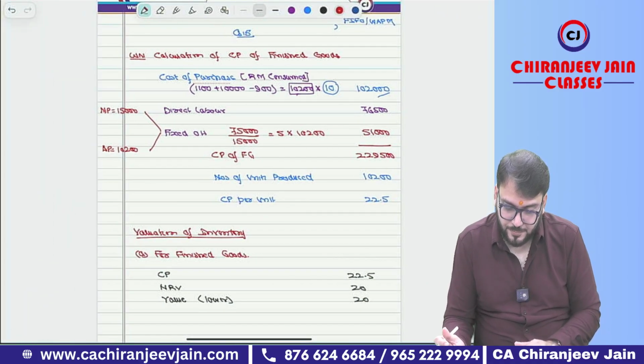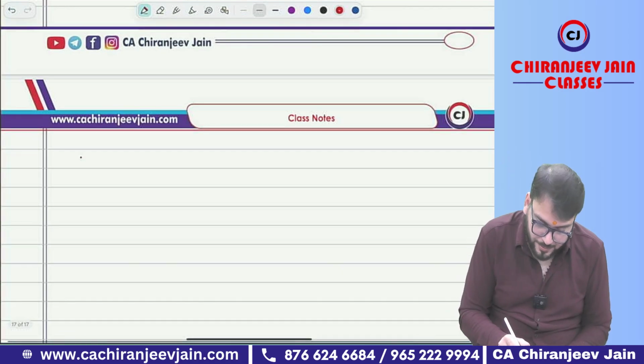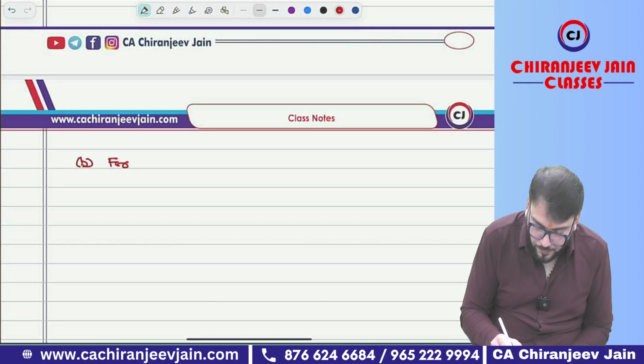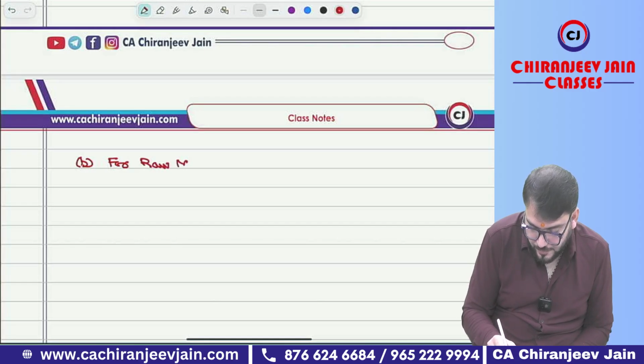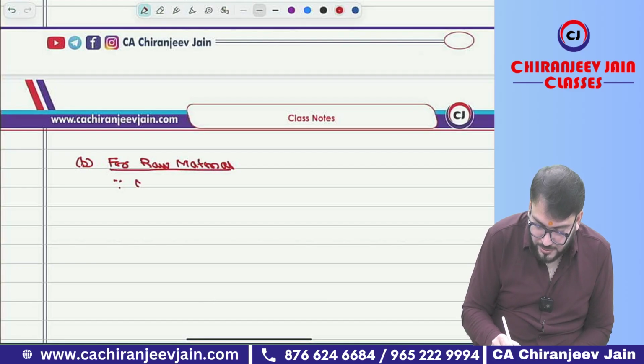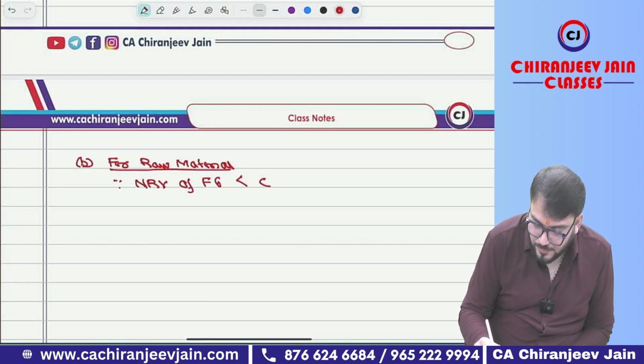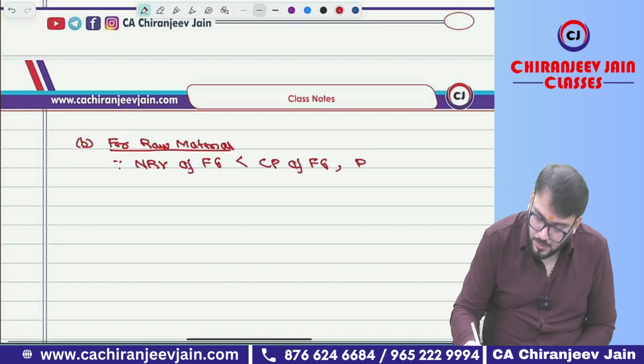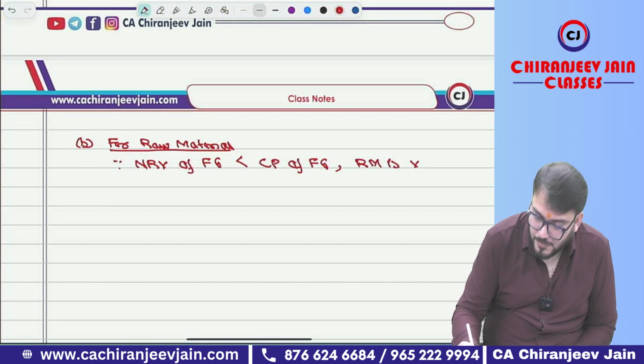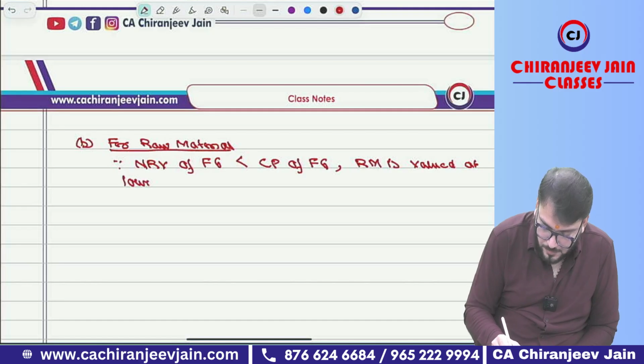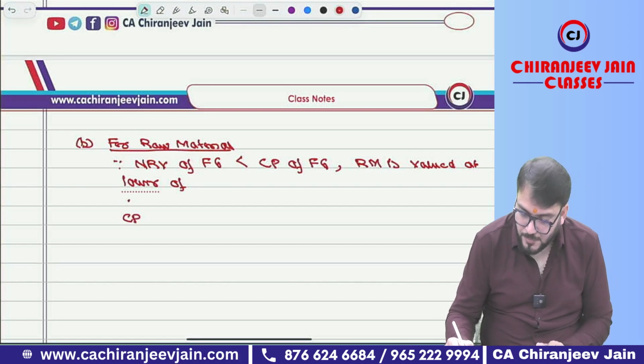Okay sir. Point number B, for raw material: since NRV of finished goods is less than cost price of finished goods, raw material is valued at the lower of cost price and replacement cost.